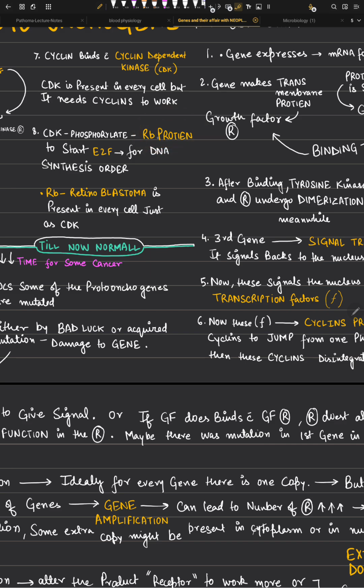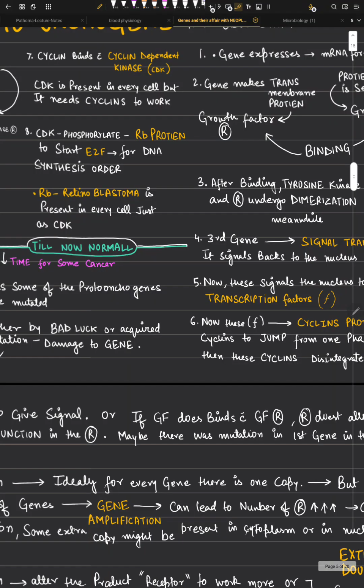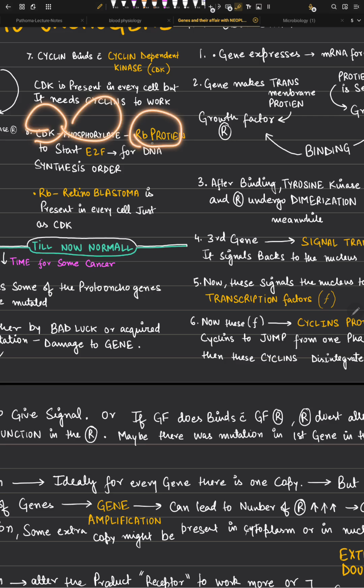These RB proteins then start E2F for the DNA synthesis order, like an order for new DNA. These RB proteins are responsible for it. If we had good cyclin quality, we would not be able to just make unregulated DNA. So CDK phosphorylates RB protein, and RB protein further starts E2F.